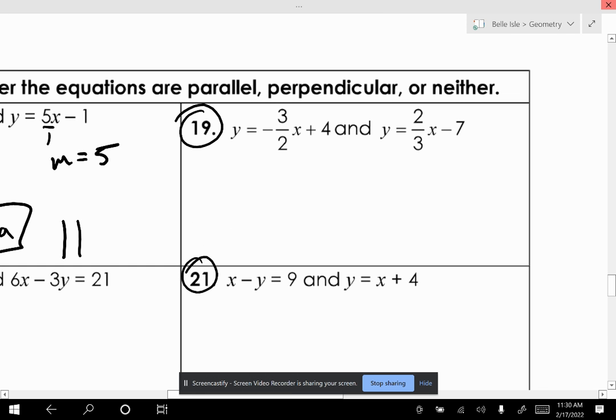Okay, I'll put these up here slowly. I'll just put 19 up here for right now.